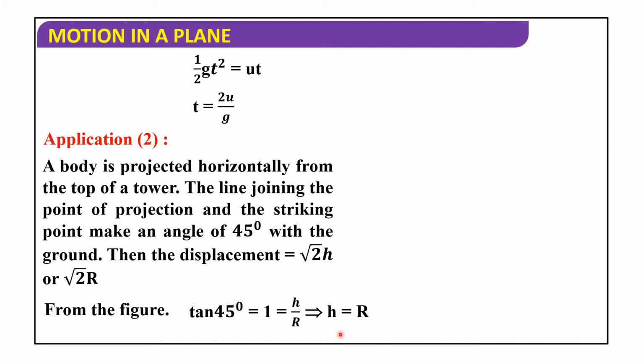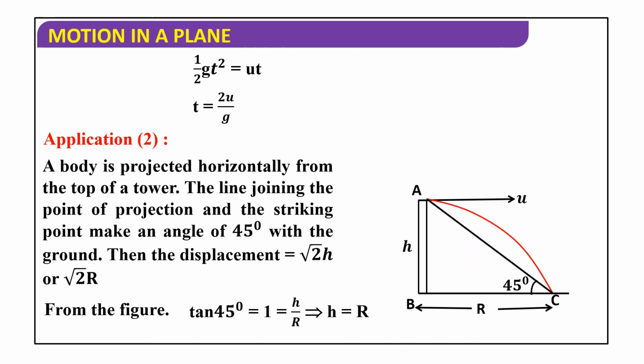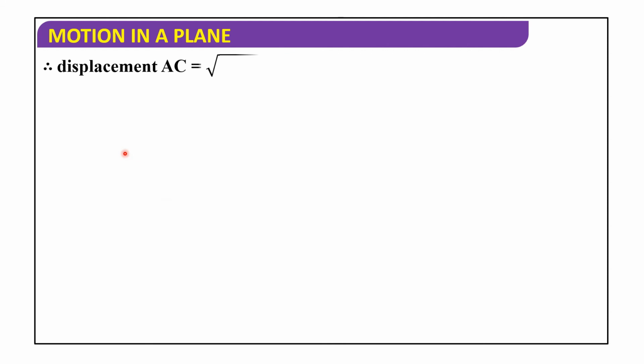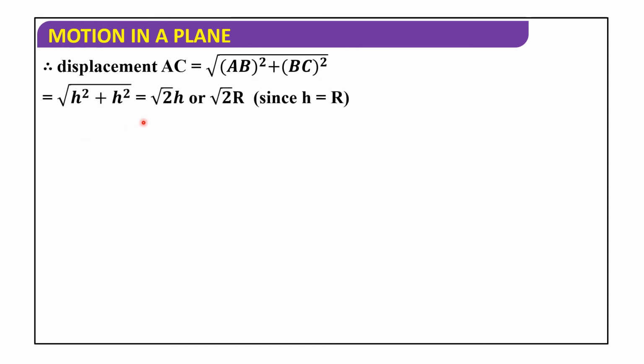So 1 is equal to h by r, so h is equal to r. Therefore displacement AC is equal to, from the figure, root of AB square plus BC square, so root of h square plus h square, that is root 2 into h or root 2 into r, because h is equal to r.